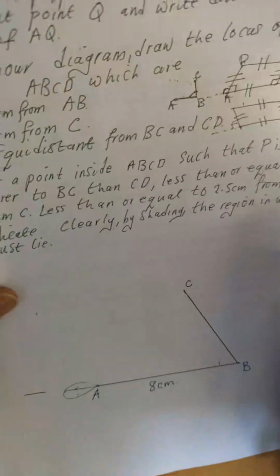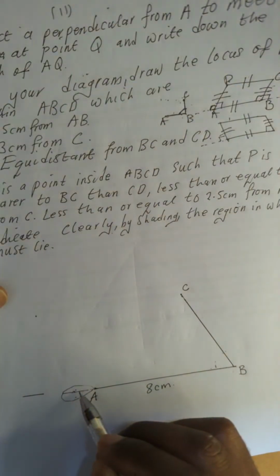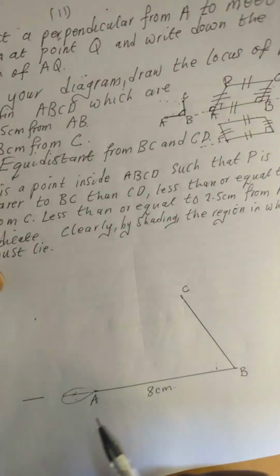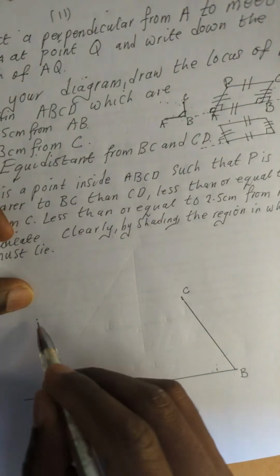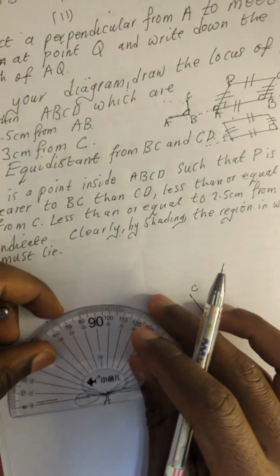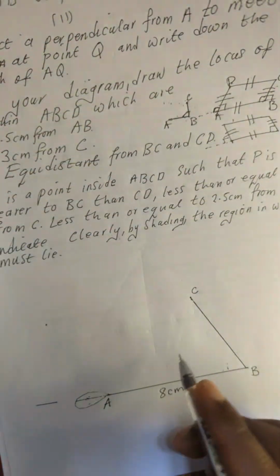Anyway, I was explaining this method of using the fact that this is 60 degrees. So you do an extension, then you do 60 degrees, then you draw a line. So when you do a 60 degrees like here, you get your protractor, then you do 60, then after 60 you draw a line.